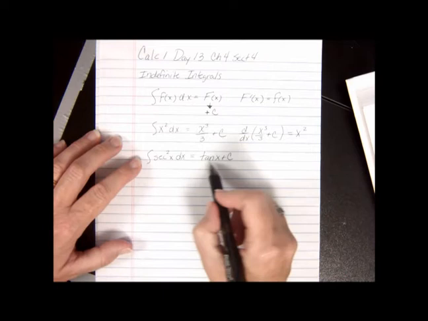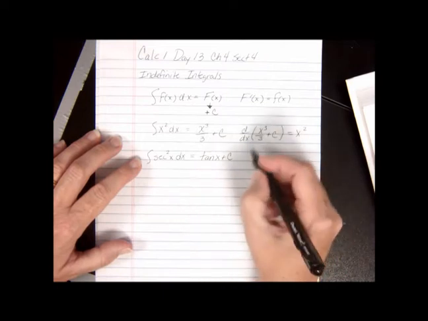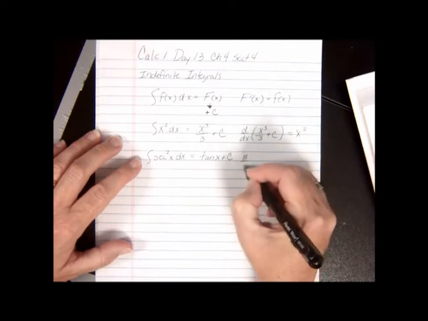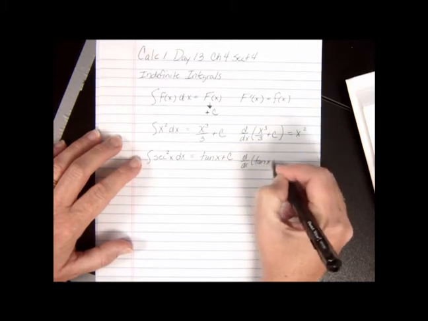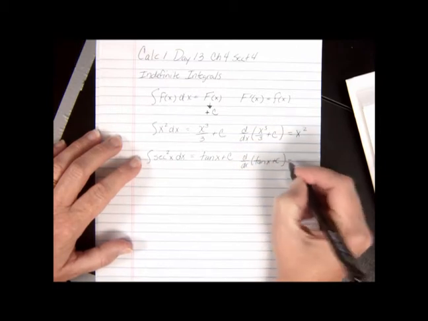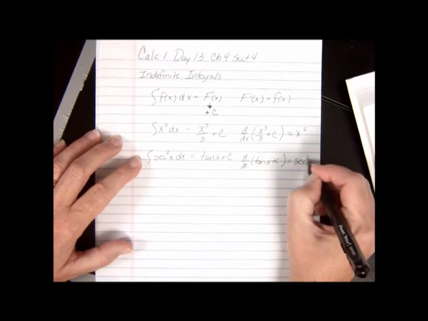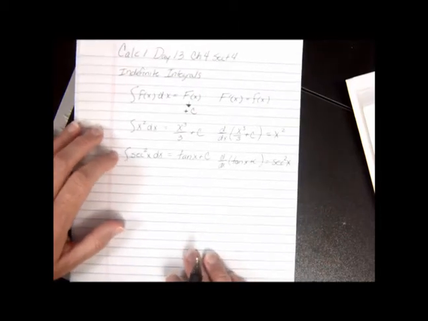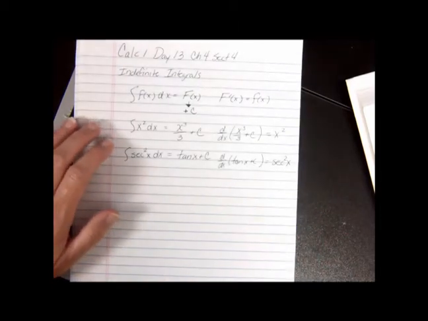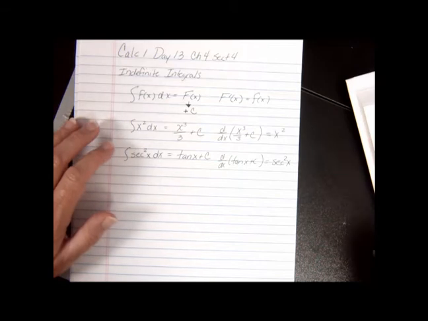And if I differentiate tangent x, I will get secant squared x. So that's how you can check yourself. Once you integrate, you can go back and differentiate to see if they are in fact inverses of each other.